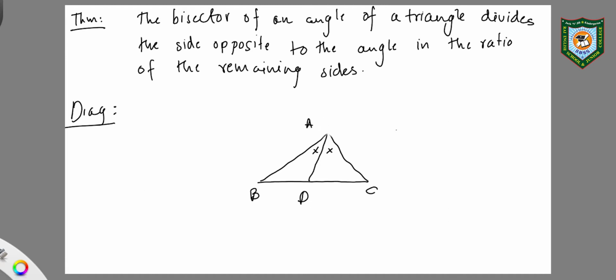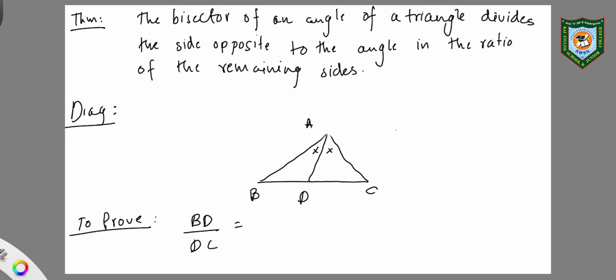Now this is our original diagram, and we need to prove that the bisector divides the side opposite to the angle. That means BC is the opposite side to angle A in the ratio. So BD divided by DC is going to be in the ratio of the remaining sides.